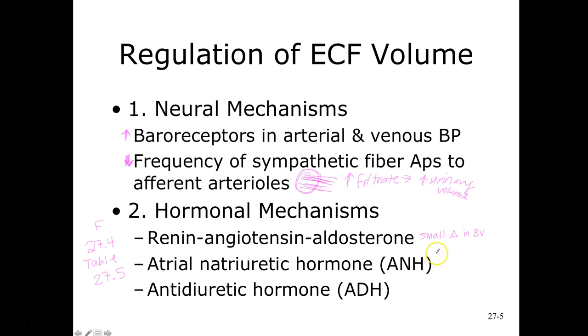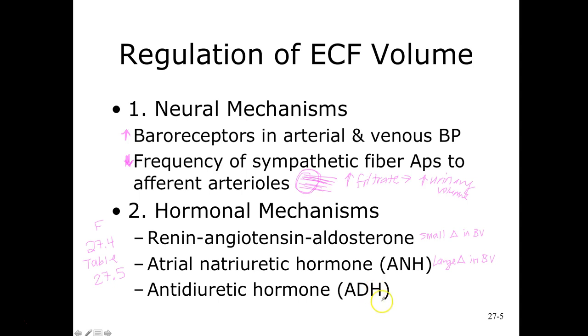And then our atrial natriuretic hormone, that is going to be in charge of more large-scale changes. Large change in blood volume. And that makes sense, right? Because our atria have to feel the change within their atrial wall, the stretch within their atrial wall, in order to know, hey, there is an increase in blood volume, okay? And they're not as sensitive as feeling a decrease in blood volume because of that mechanism there.